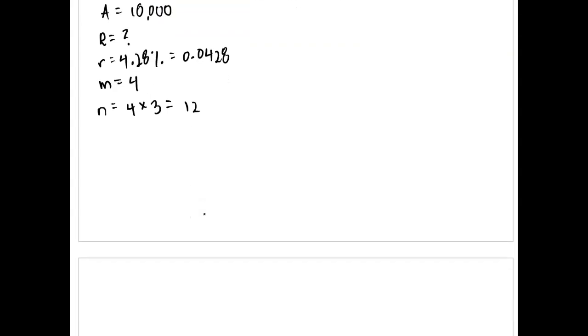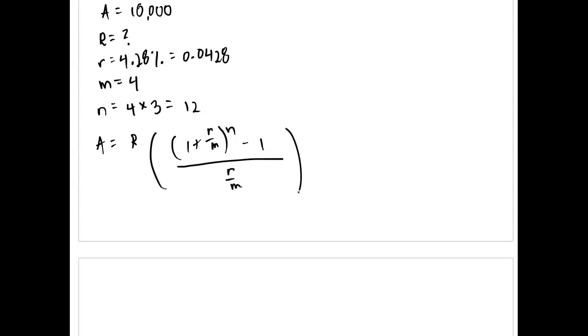Once we have all the variables identified, we can choose a formula. So the formula I will use is this one. Again, we know all sinking funds in this text are solved with the ordinary annuity formula. So that's the formula I'm using.